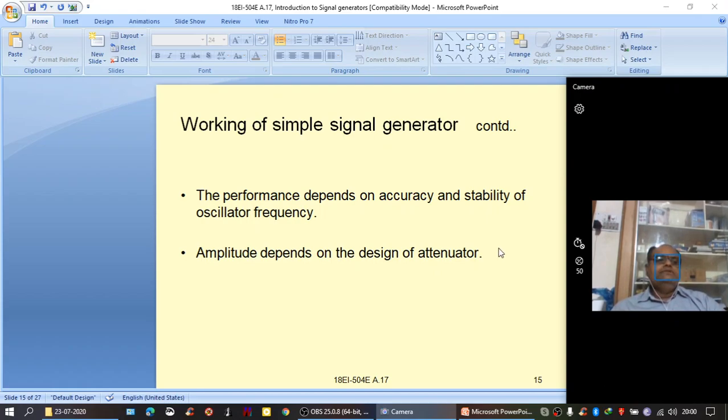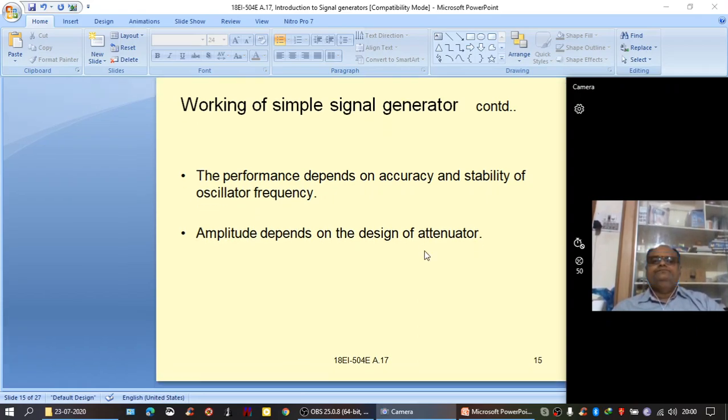Similarly, amplitude should be adjustable and it should be stable. So the requirements are to be fulfilled. That is why these conditions. The performance depends on accuracy and stability of the oscillator frequency, and amplitude depends on the design of attenuator. When these two are good, then the output signal will be highly accurate.